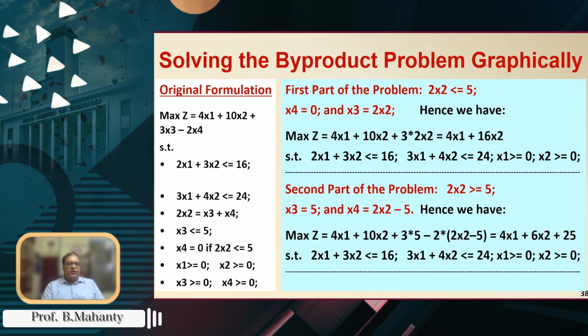Here it is 15 and here it is minus of minus 10, so plus 10. So 15 plus 10, 25. So in the second part, the objective function is 4x1 plus 6x2 plus 25, subject to the same constraints: 2x1 plus 3x2 less than or equal to 16, 3x1 plus 4x2 less than or equal to 24, and x1 and x2 both greater than or equal to 0.